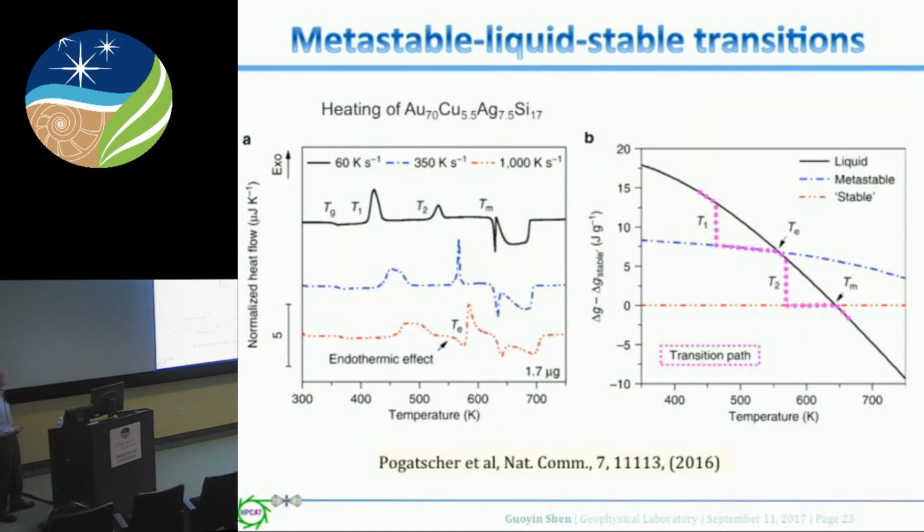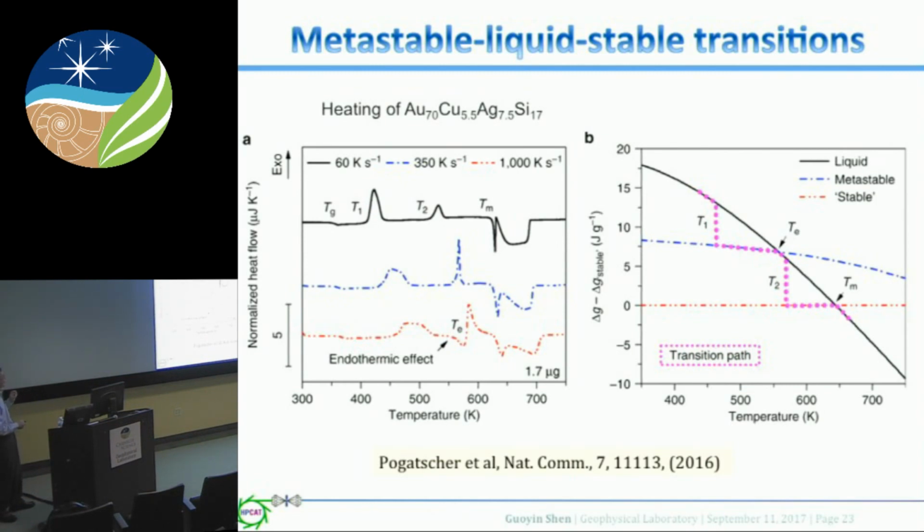One example from the literature, rather recent, from last year, is for a metallic glass. The metallic glass shows phase transitions from a metastable solid phase to a liquid, and then to a stable solid phase.